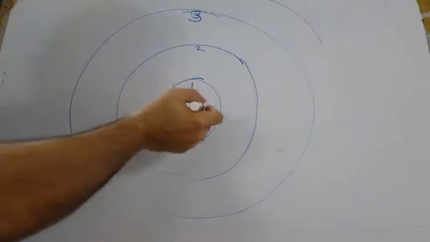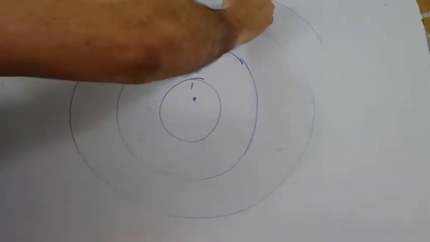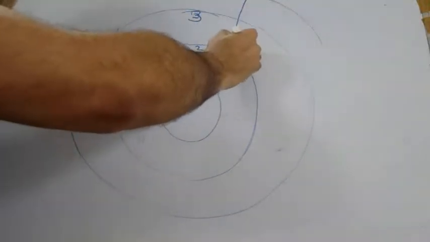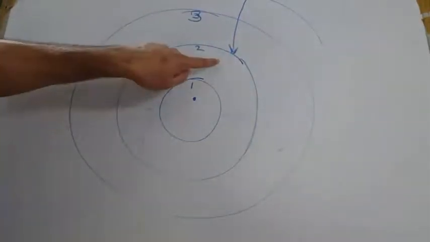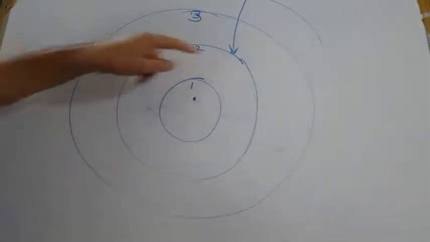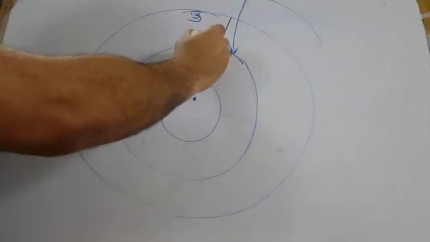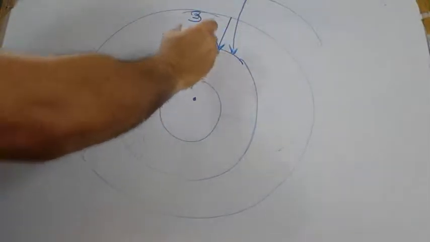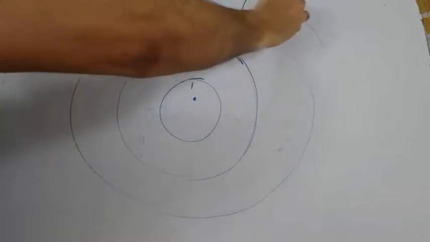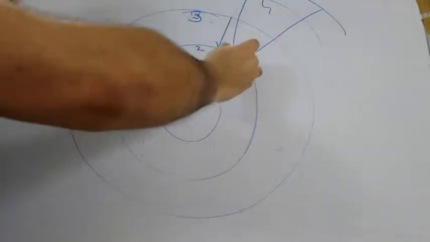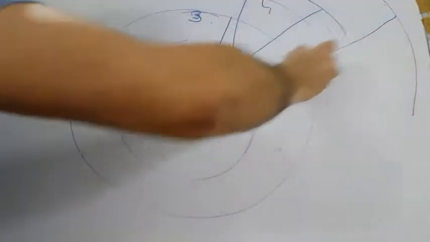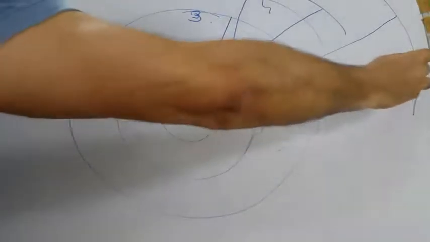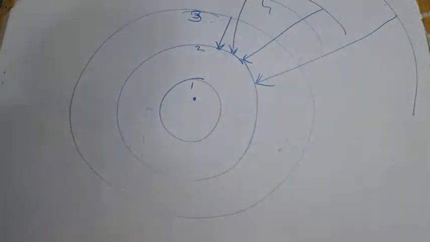When the electron comes from any higher orbit to the second orbit, that is the Balmer series, and that is in the visible region: from 3 to 2, from 4 to 2, from 5 to 2, from 6 to 2, or from say 100 to 2, all those spectral lines lie in the Balmer series in the visible region.